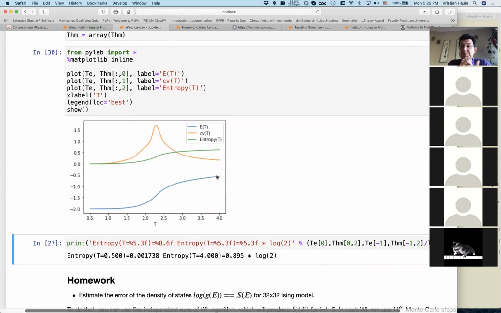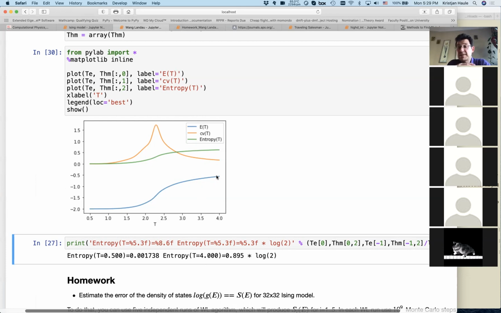Now, which constant? Well, we have here entropy per site. Therefore, entropy per site has to go to the logarithm of the available states, isn't it? The number of available states per site is 2, because you can have either spin up or spin down.